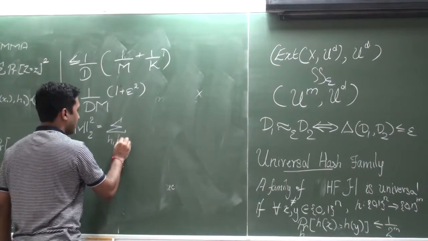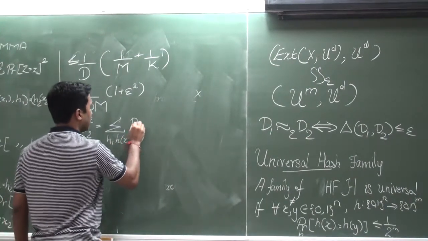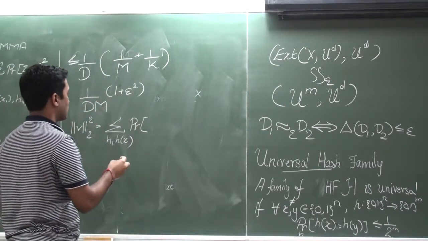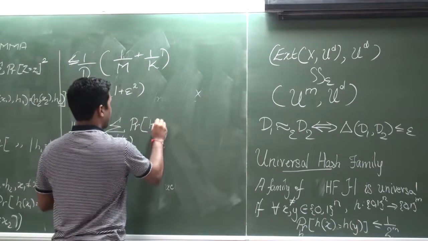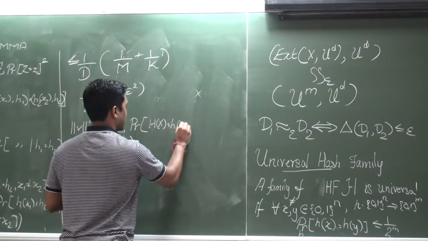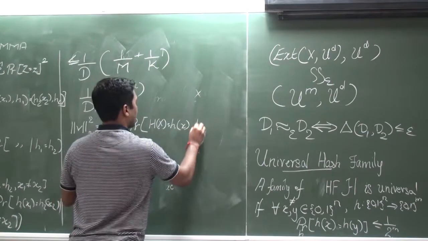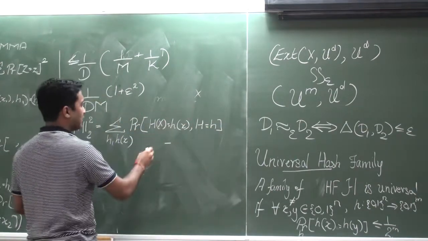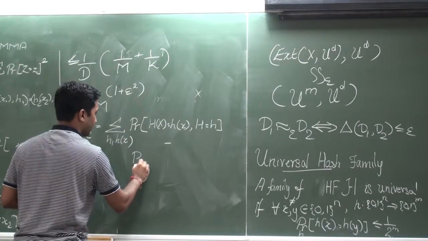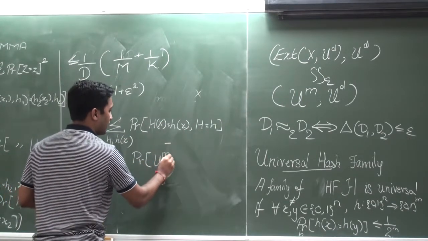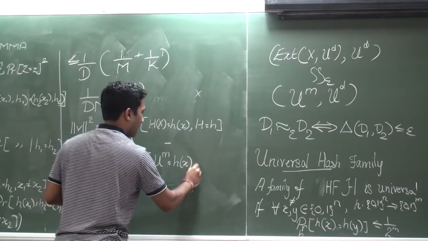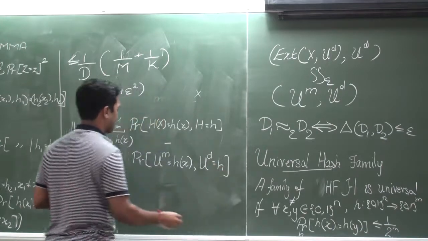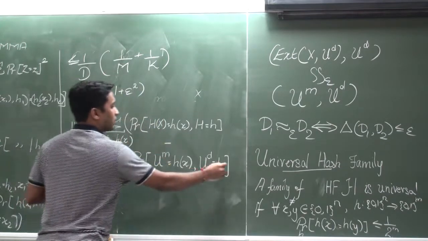The hash output and the probability that h of x equals h of x, and then capital H equals h. For each of them it is the probability that the output equals h of x and the seed U_d equals h. In the above it should be U_d equal to H, right?